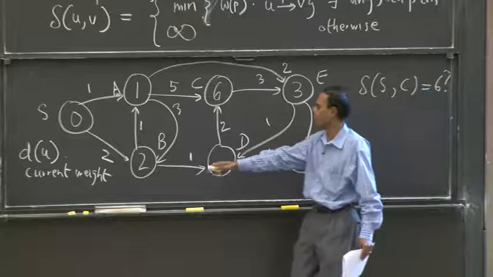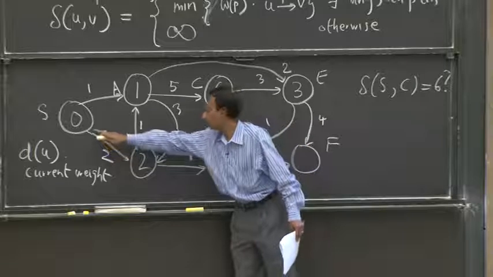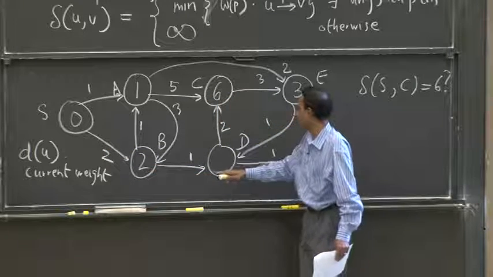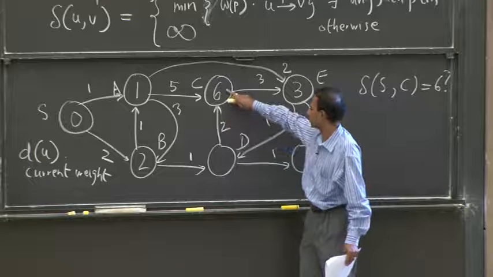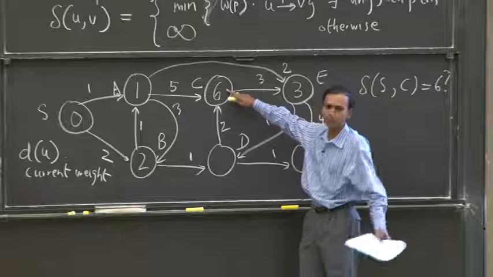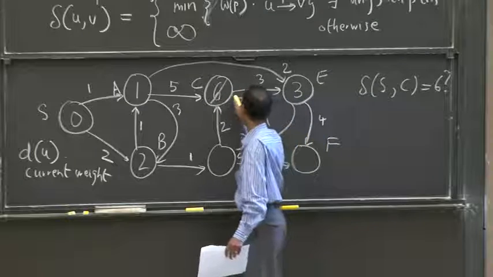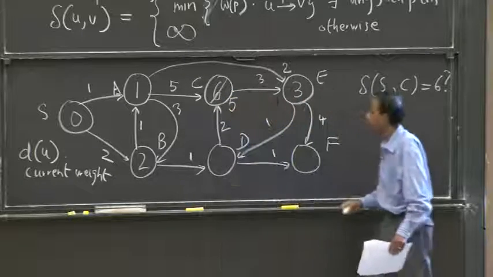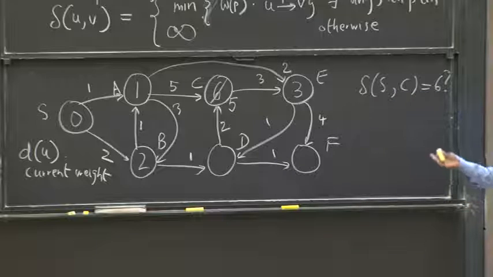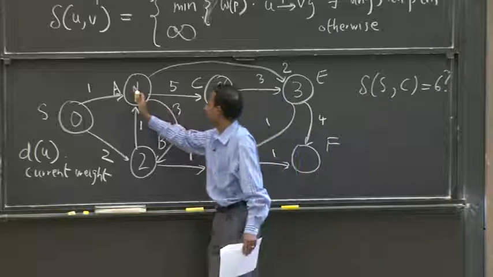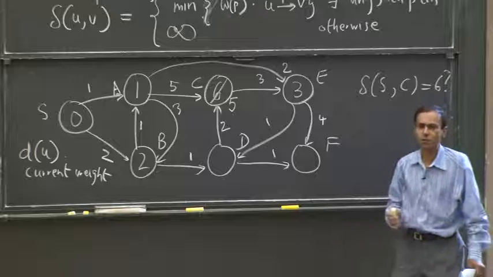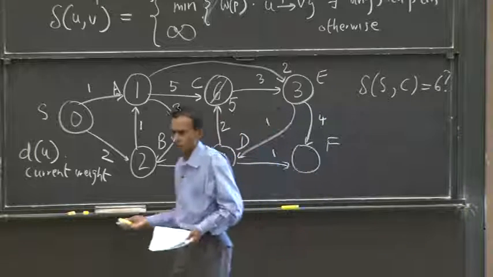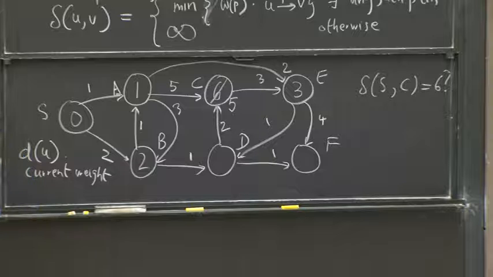Well, one way is to go from S to B to D to C, and that would give me 5. Can I do better than 5? Not in this graph. So it's not the case that the shortest length path gave you the smallest weight. That was one example of that.